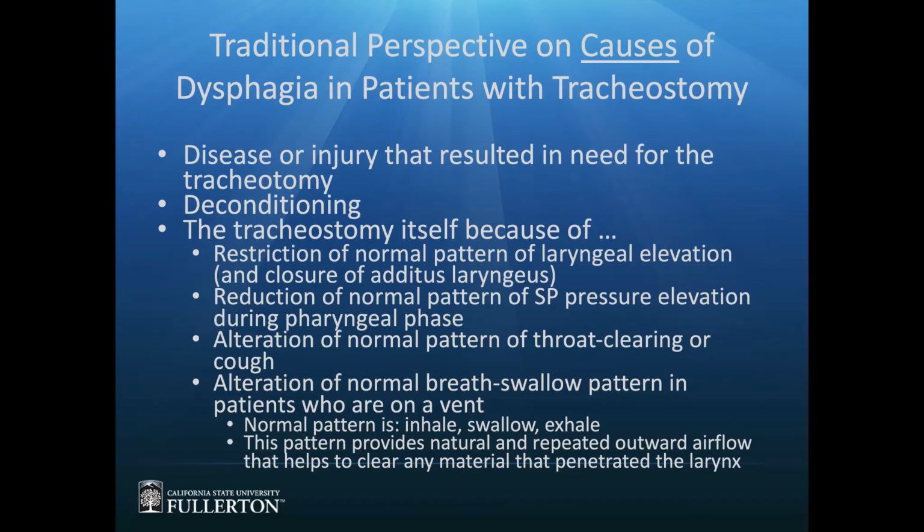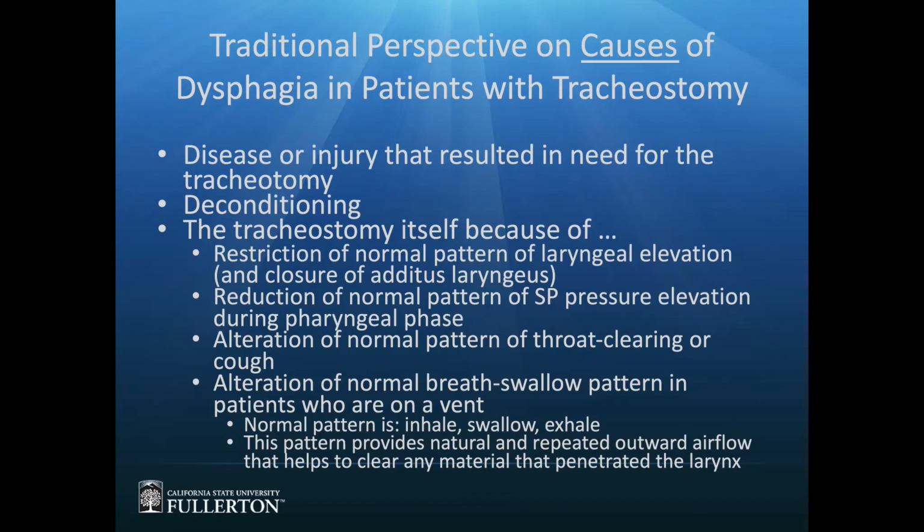Then the third idea is that the tracheostomy itself may cause a dysphagia. In other words, if you put a tracheostomy and a tracheostomy tube into somebody who didn't have dysphagia, they may have dysphagia now. Why? Because several things happen. One is that there is a restriction of the normal pattern of laryngeal elevation. And why does this happen?